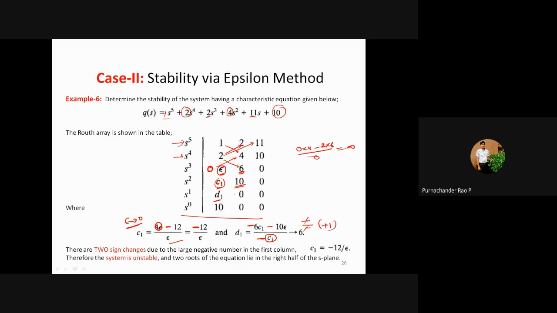Therefore you can see a sign change from S3 to S square, and again from S square to S1. So this is one sign change and this is two sign changes. There are two sign changes, and therefore the system is unstable.